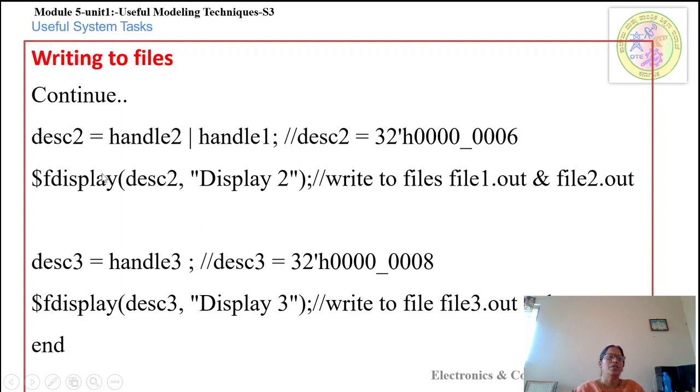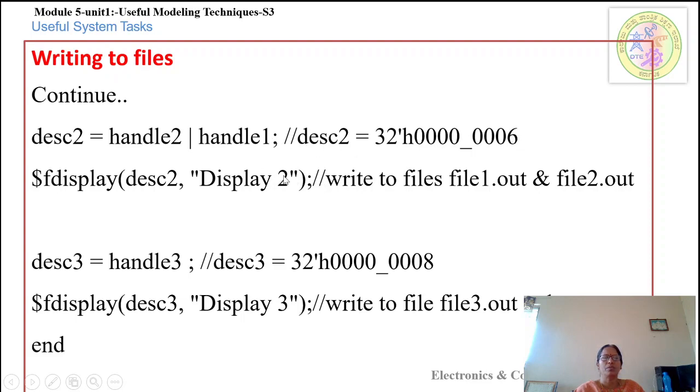Okay. Next, the continuation of the same program. Here, for descriptor 2, handle 1 OR handle 2 OR handle 1 is taken, so it returns a value of 6, which is 110. So display 2 is written onto descriptor 2, that is file1.out and file2.out also. 6 is equivalent to 110.